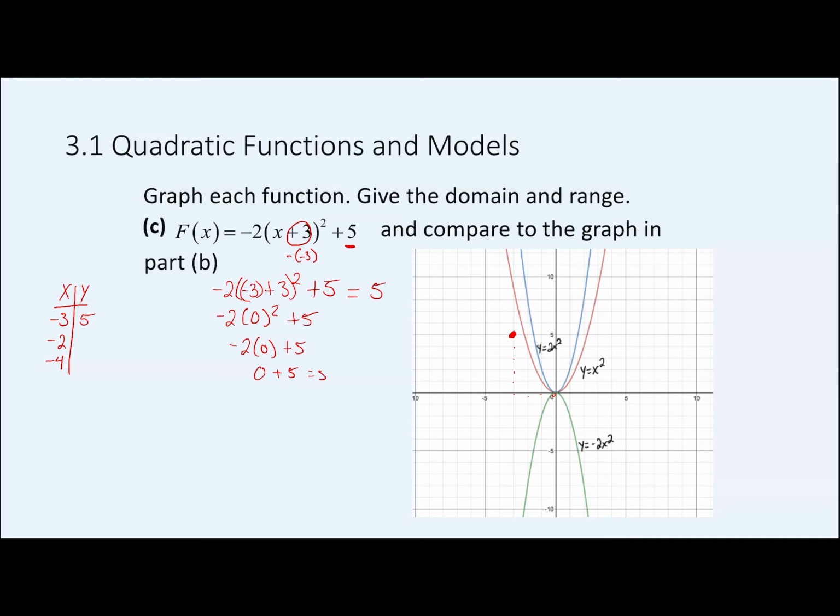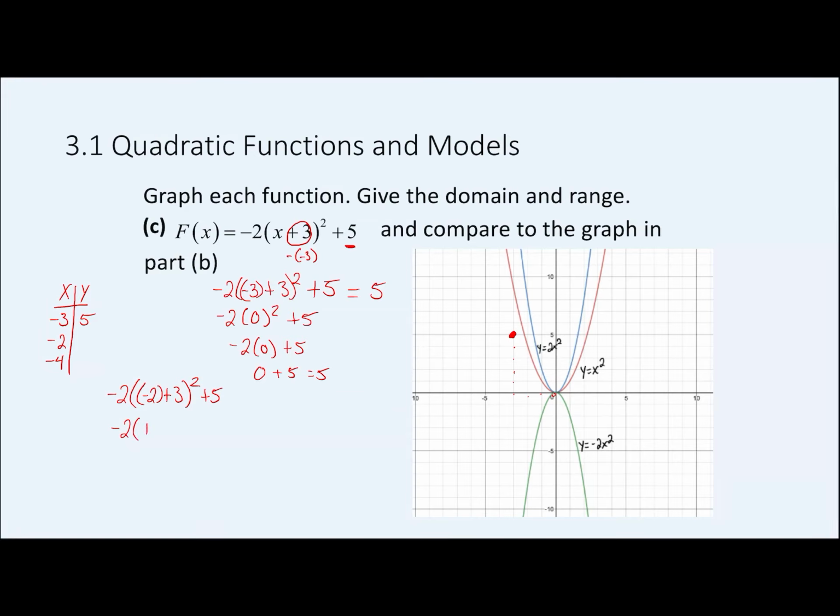And that should give us +5. So the y value here is 5. And again, if you need to write all that out, I'll just quickly do it for you. So it's -2 times 0 plus 5, and that's 0 plus 5, which equals 5. Okay, so that's how we're getting that.